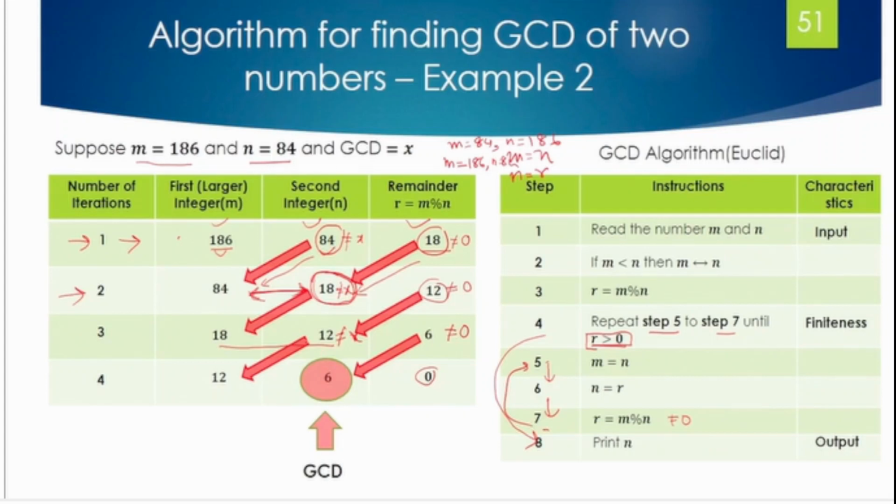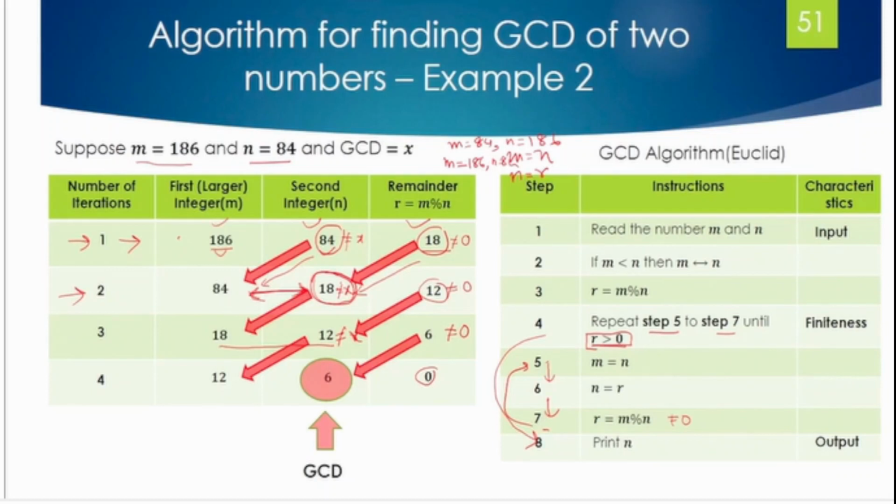Now of course, if both m and n are decreasing, that means your remainder also will start decreasing, right? Since it is a decreasing number, finally you will hit 0. The remainder cannot be negative, so it will stop at 0.